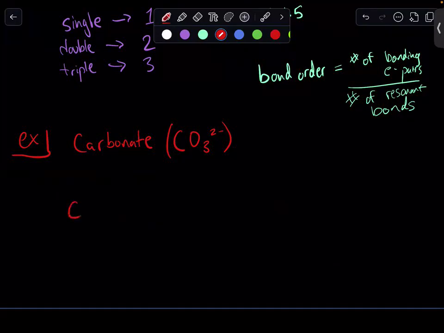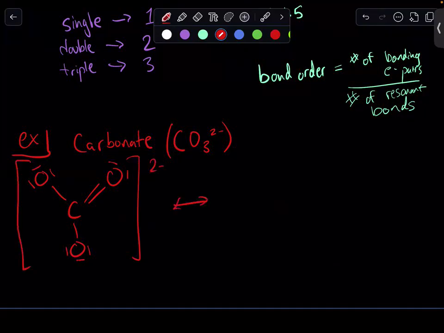So carbonate has these 3 possible bonds with the location of the double bond being in 3 separate places. I'm going to be using lines to represent the electron pairs because I am quite lazy. We will use a double-ended arrow to represent that these are resonance structures.